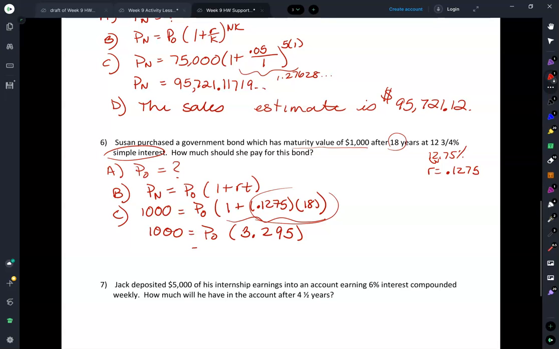I got something wrong there. Let's get that again. Okay, P sub 0 is equal to 303.490136, and so on and so forth.